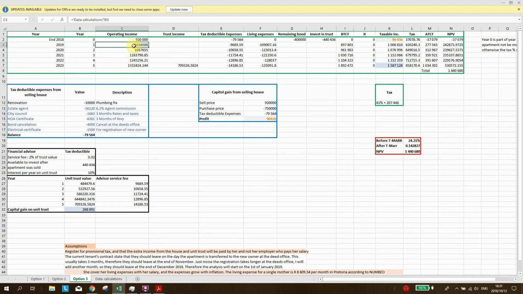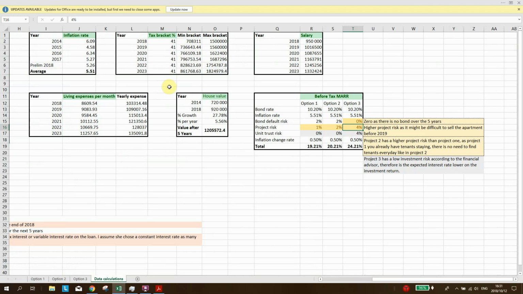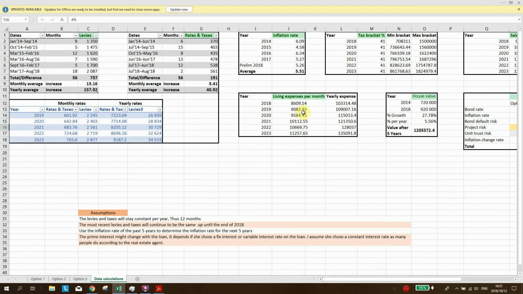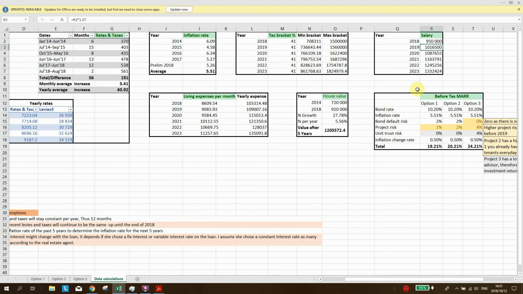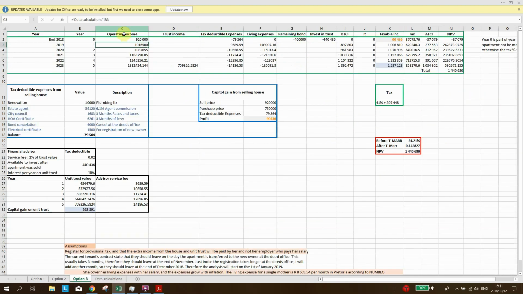So the operating income consists on sheet 3 of the income, which we calculated somewhere here, salary. There we go. So I included it there, and then for the tax deductible expenses, the only one was the advisor service fee, and then living expenses were deducted in order to get the before tax cash flow.